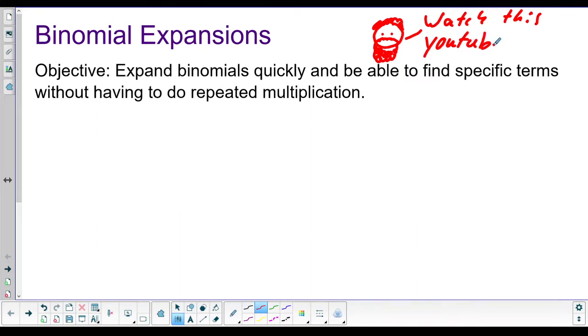So we're going to learn how to expand some binomials. So let's talk about what the problem is and why we want to solve the problem, right?